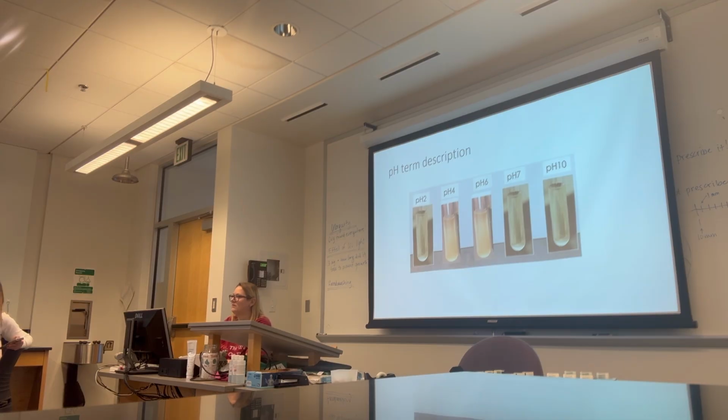The range is: acidophile is from 0 to 6.5, then 6.5 to 8.5 is the neutrophiles, and then 8.5 to 14 is the alkalophile.